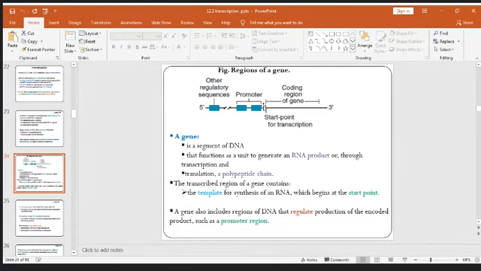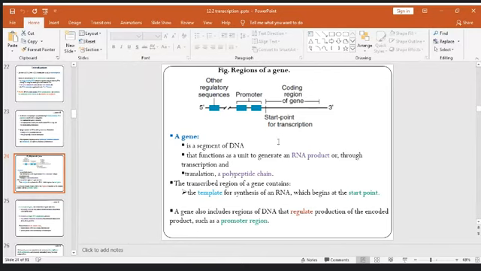For example, in the middle, you see the start point, which is taken as zero. Toward the left side, the nucleotides are counted from zero as -1, -2, -3. For example, when a promoter region sequence is called the -35 sequence region, it means it is at the 35th nucleotide backward from the starting point. And if it is called the +10 region, it is on the 10th position toward the right side from the start point of the transcription. From the starting point up to some areas, you can see here the coding region of the gene.